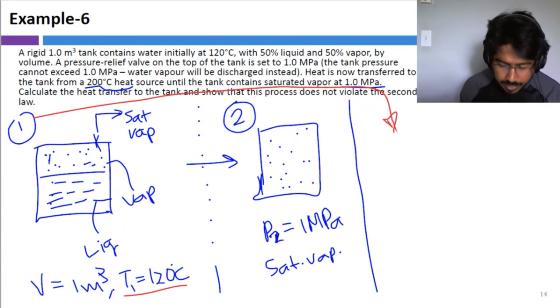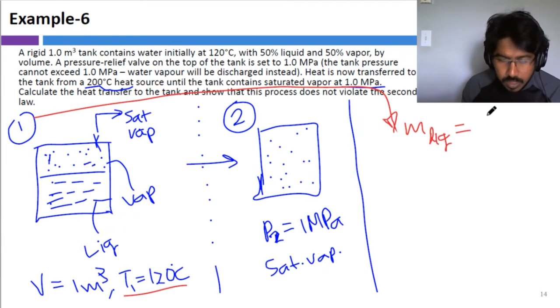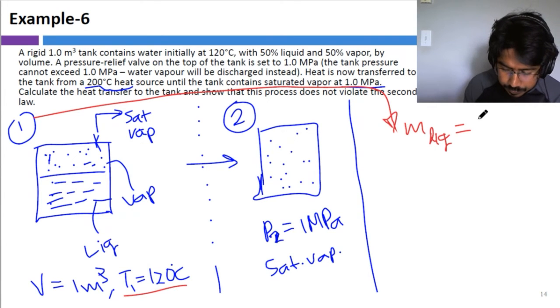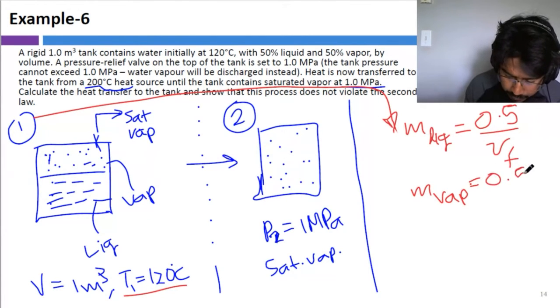Let's take the calculations here for state 1. M liquid is going to be 0.5 times the volume divided by Vf at 120 Celsius, and M vapor is going to be 0.5 times the volume divided by Vg at 120 Celsius.